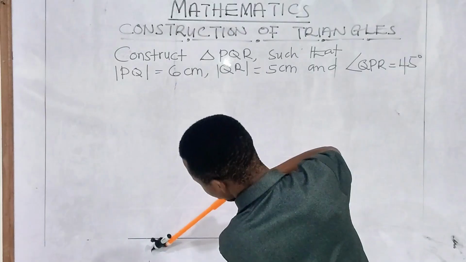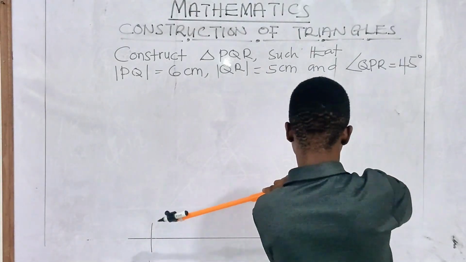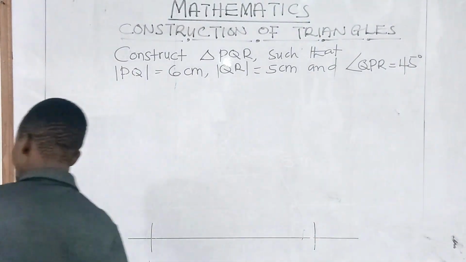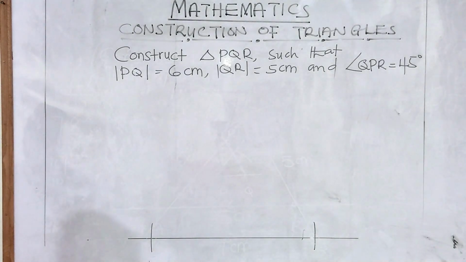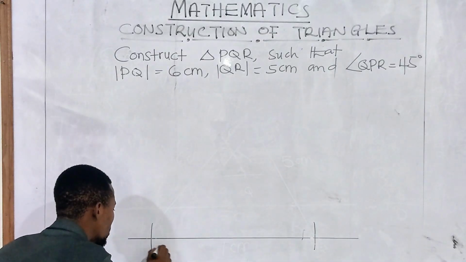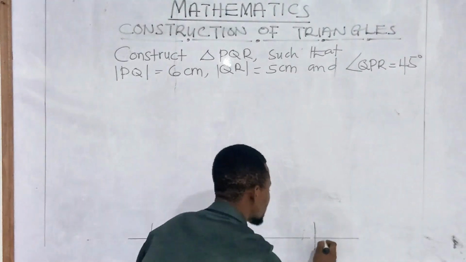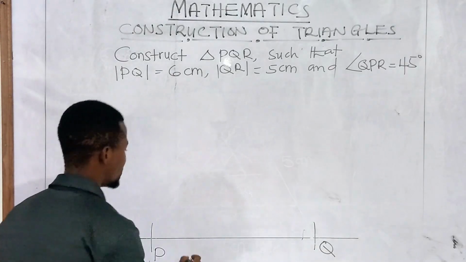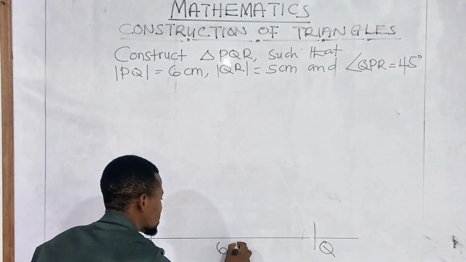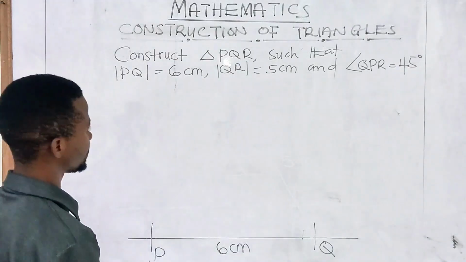We make another arc like this. Now we label our line segment. This will be P, this will be Q, and then we have 6 centimeters here.